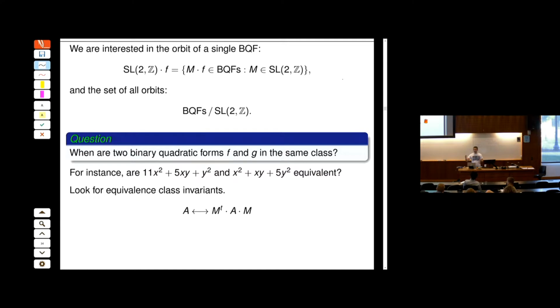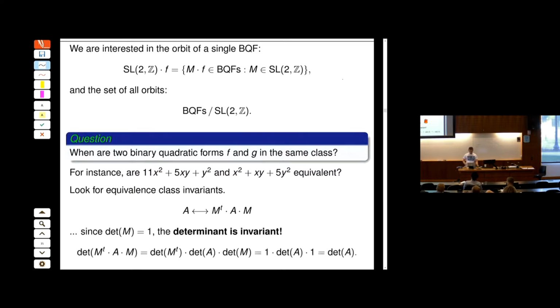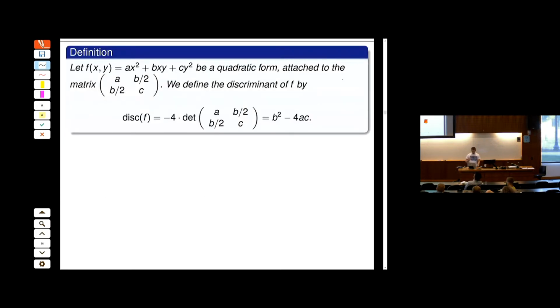If this M is of determinant plus or minus 1, the transpose will have determinant plus or minus 1, and then both will have the same determinant. So one such invariant is the determinant. The determinant of one matrix in a class will stay invariant in the whole class. So that's one way to tell whether they are in the same class.